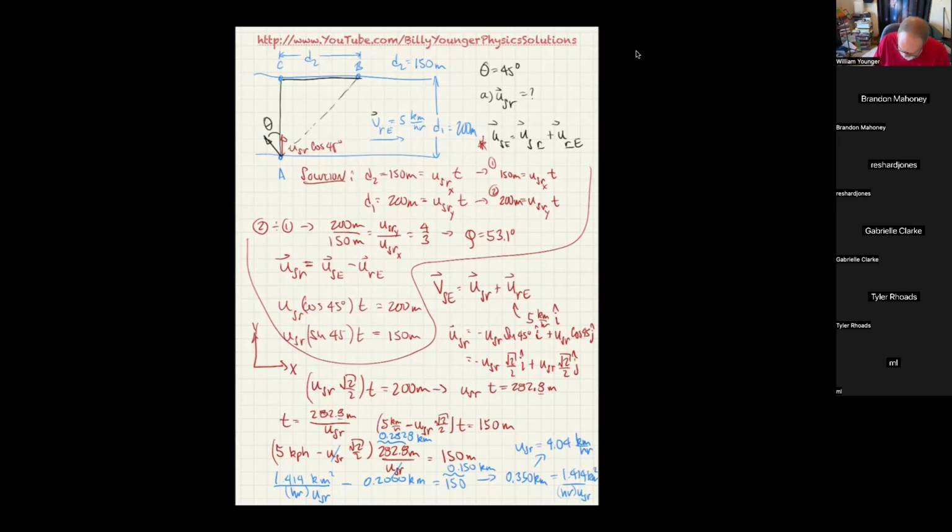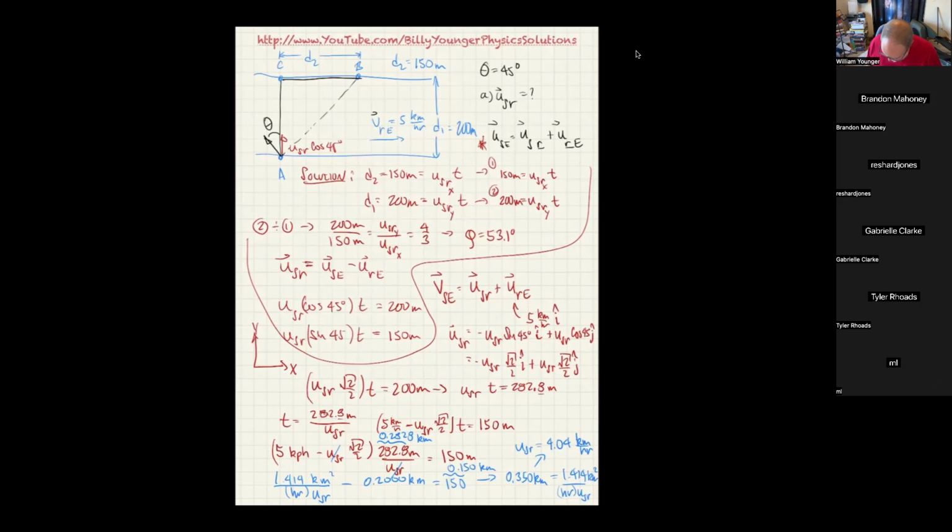And let me think about that. I'm going to check that now. If my velocity really was 4.04 kilometers per hour relative to the river, then 4.04 times, let's say, sine 45 gives me 2.85. That's how fast I'm going to the left, but that's against the 5 kilometers per hour to the right.